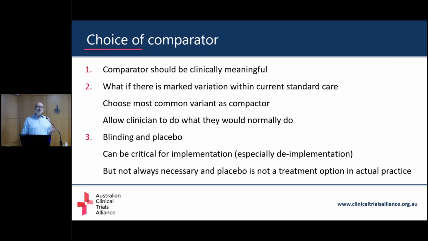Blinding and placebo are critically important in almost all circumstances, but there can be occasional examples of where blinding and placebo can detract from implementability because blinding and placebo are not obviously part of routine practice.